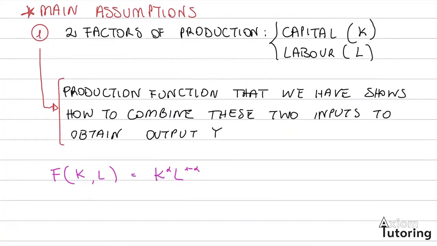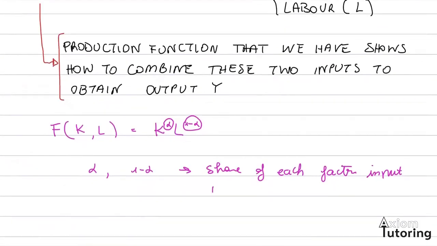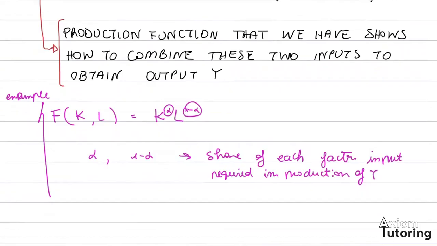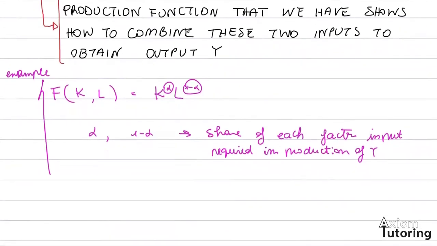And in this case, these two little exponents here that we have, so alpha and 1 minus alpha, would give us the share of each factor input that is required in the production of output. So this is just, again, an example. It doesn't have to be the case, but it's very often the case that Cobb-Douglas is used as a, let's say, shape, as a form for the production function.